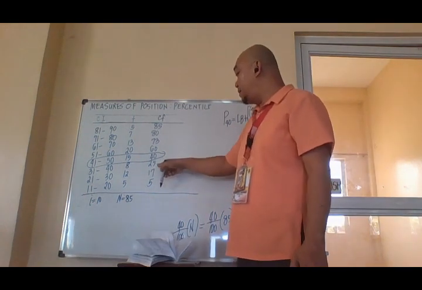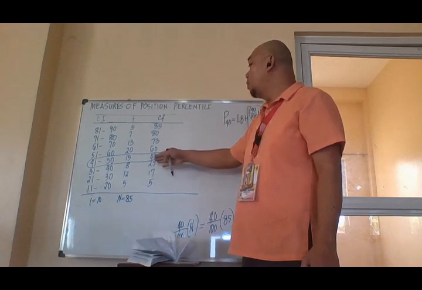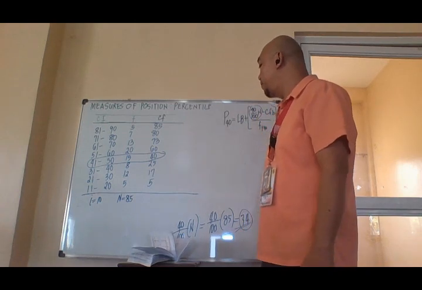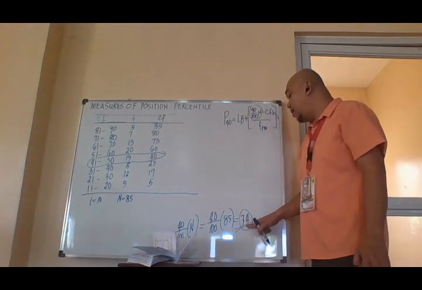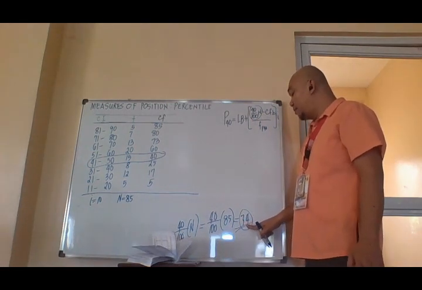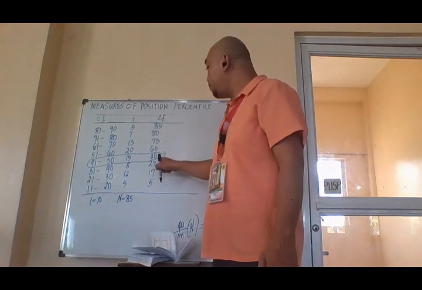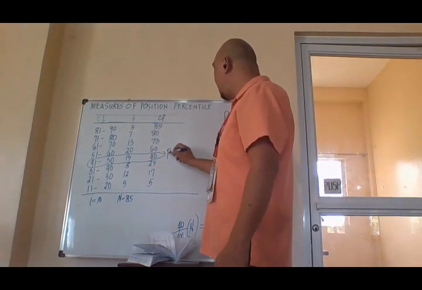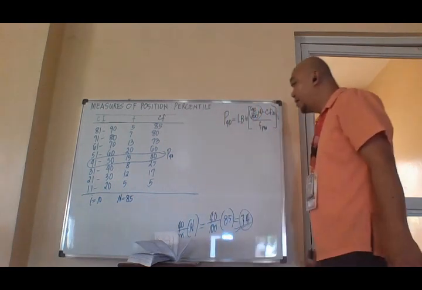So since this is less than 34, we have to go to the next class. In this case, we have 40, and 40 is already equal to or greater than 34. So we identified already the 40th percentile class.